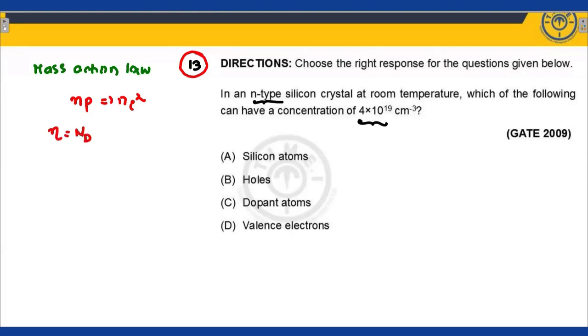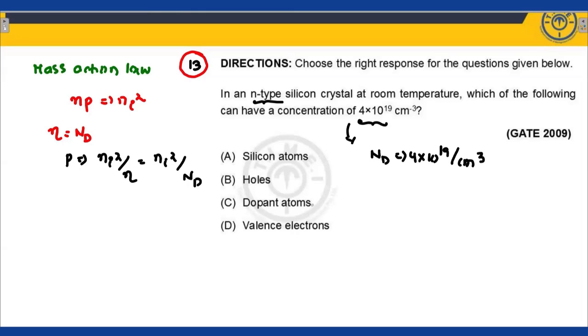As usual, we know. Therefore, P equal to Ni square by N, then it is equal to Ni square divided by Nd, the donor concentration, my dear friends. Over here, he has only given the donor concentration Nd value, which is equal to 4 into 10 power 19 per centimeter cube.